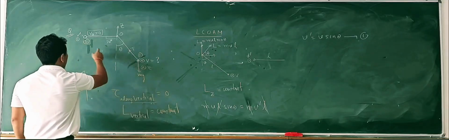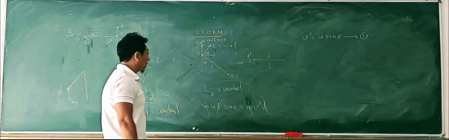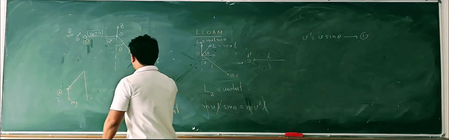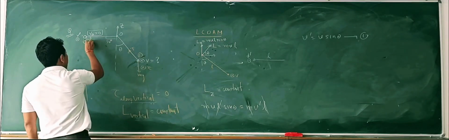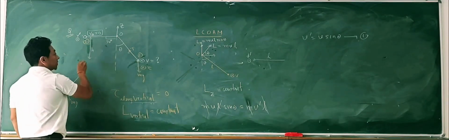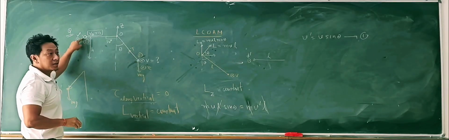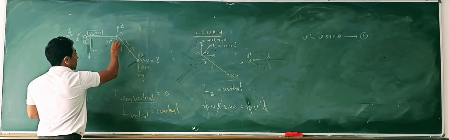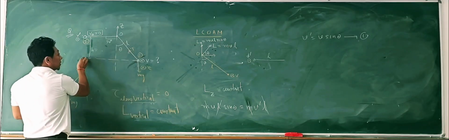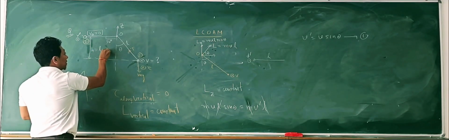So from here to here, let us use conservation of mechanical energy. Can you tell me directly how much height it gained? This was here, now it is here. So how much height it gained? This is L cos theta.